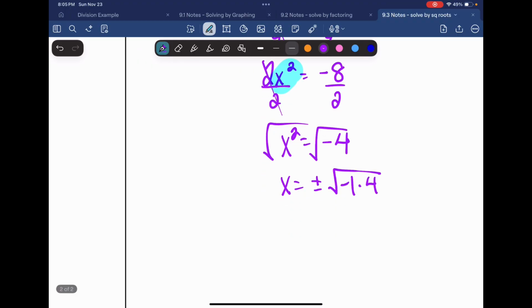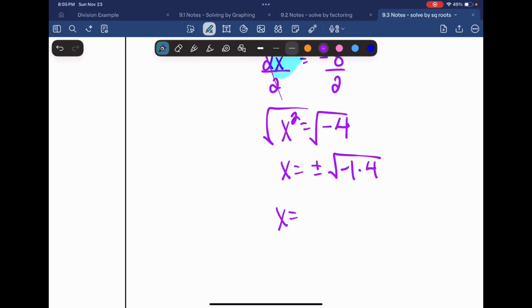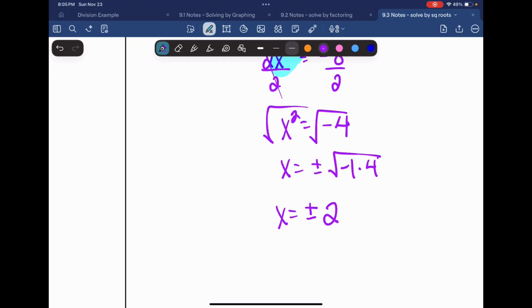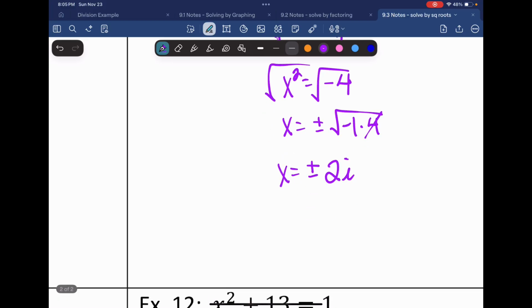Luckily, 4 is a square. Square root of 4 is 2. And the square root of that negative 1 is i. So x is positive 2i. x is negative 2i.